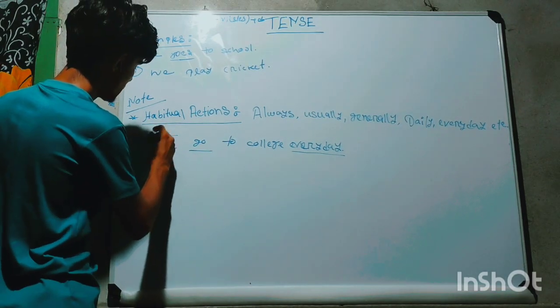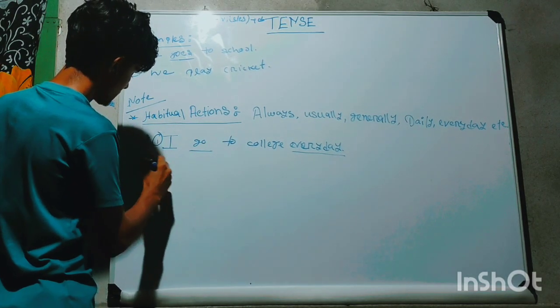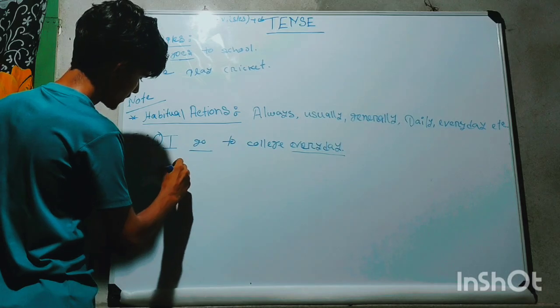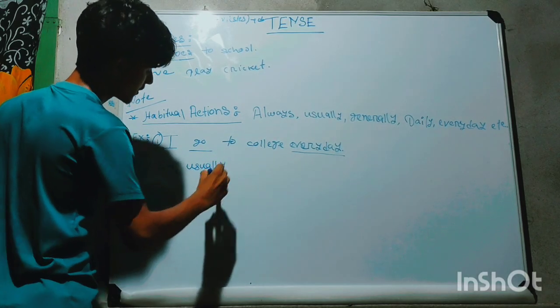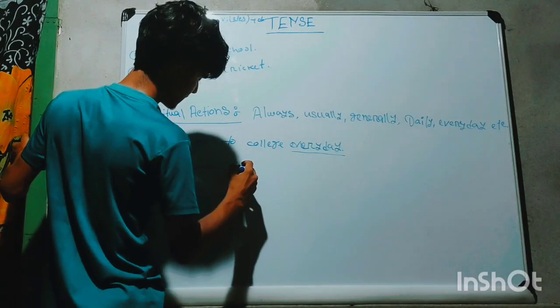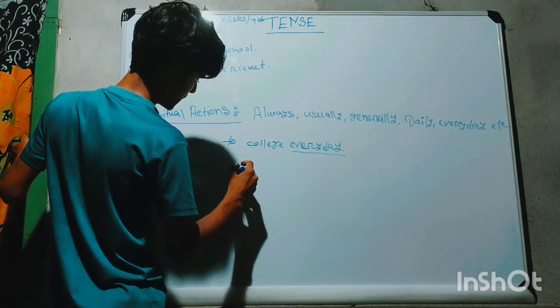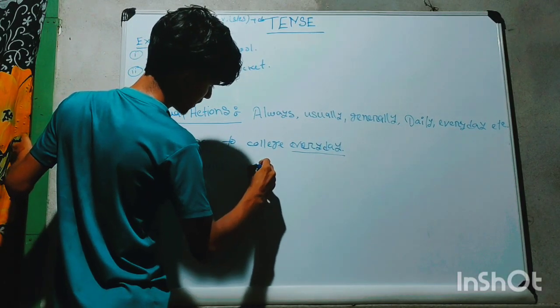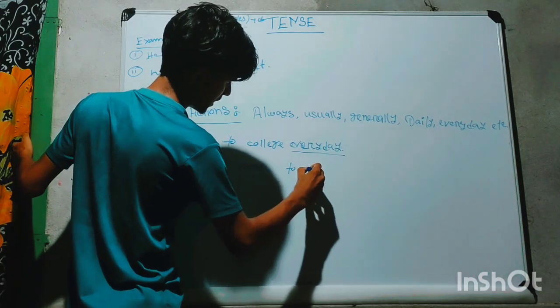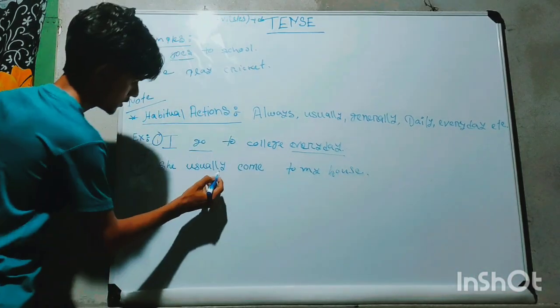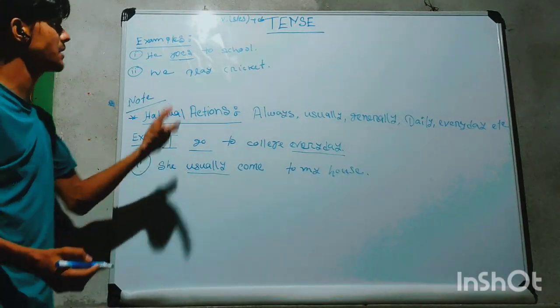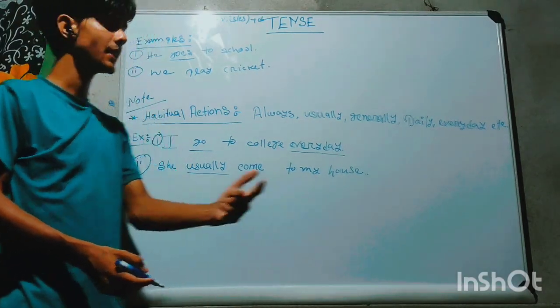Next example: she usually comes to my house. Usually. So this directly falls under present indefinite tense.